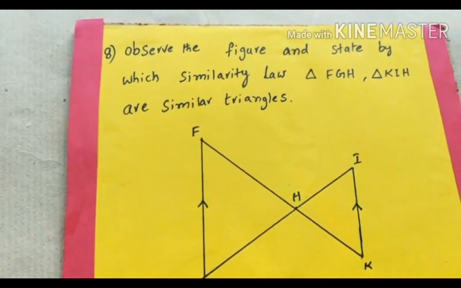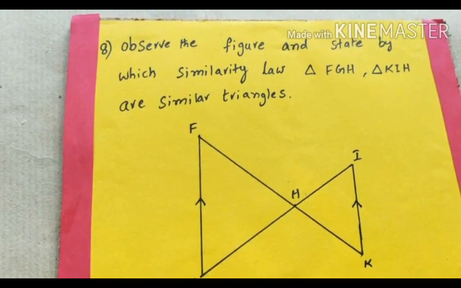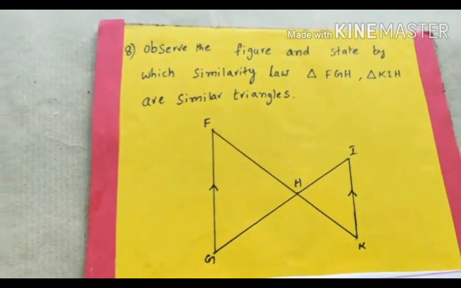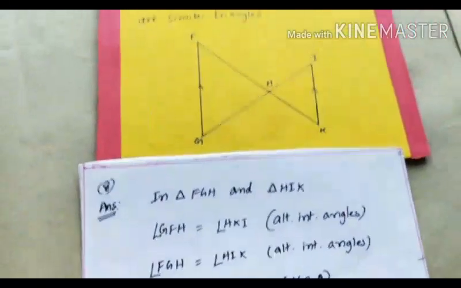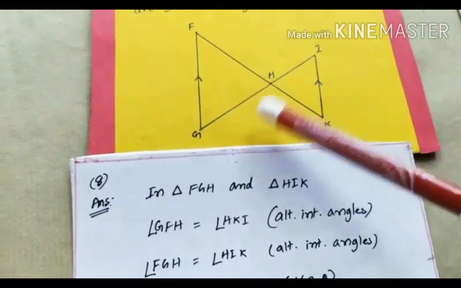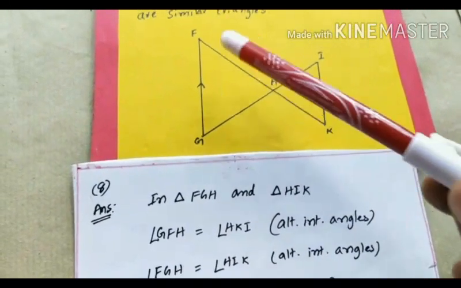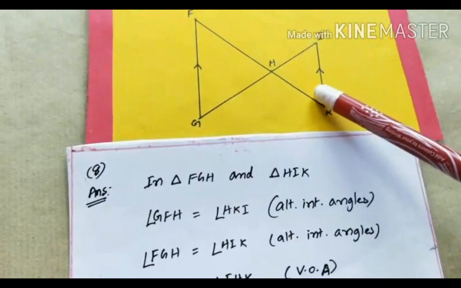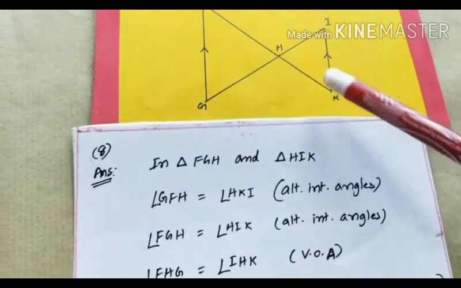8th question: observe the figure and state by which similarity law triangle FGH and triangle KIH are similar. Here is the answer. In triangles FGH and HIK, angle GFH and angle HKI are alternate interior angles.